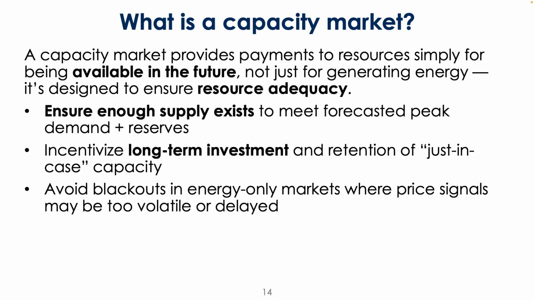This is in order to ensure enough supply exists and to incentivize long-term investment. This can help avoid blackouts in energy-only markets, like Texas, where price signals may be too volatile or delayed.